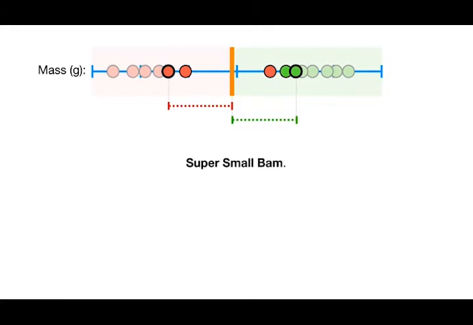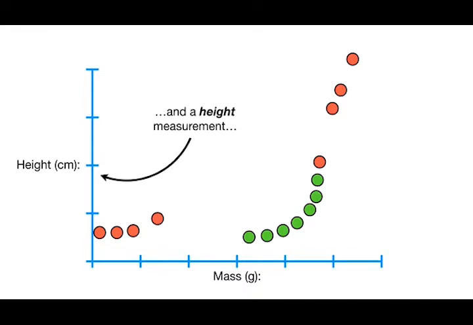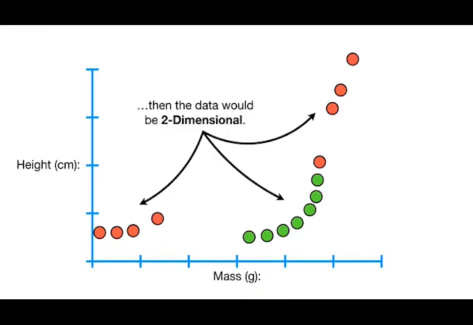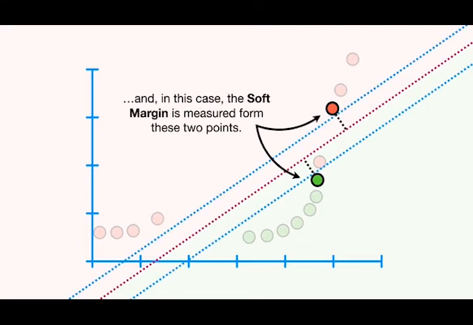Super small BAM. Note, if each observation had a mass measurement and a height measurement, then the data would be two-dimensional. When the data are two-dimensional, a support vector classifier is a line. And, in this case, the soft margin is measured from these 2 points.